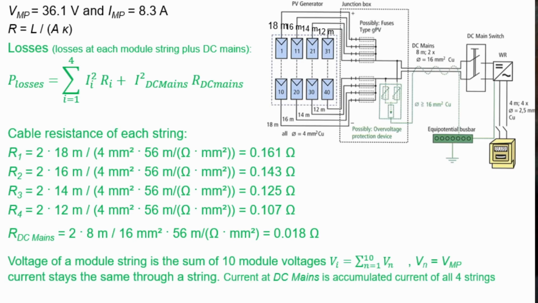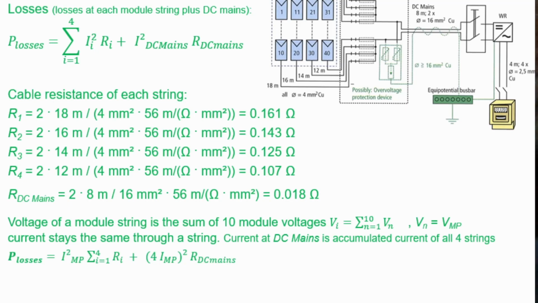So the voltage at each string of the modules is the sum of the modules, because we have the modules interconnected in series. Each module has the voltage in the maximum power point, and we have to add those up, so it's 10 times that voltage. The current stays the same, so we can take the simple current.